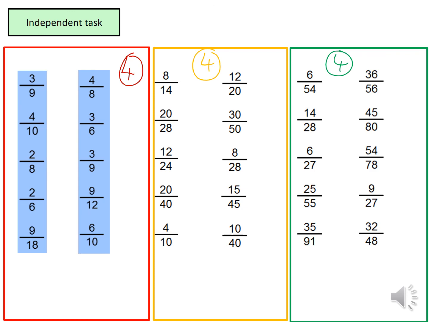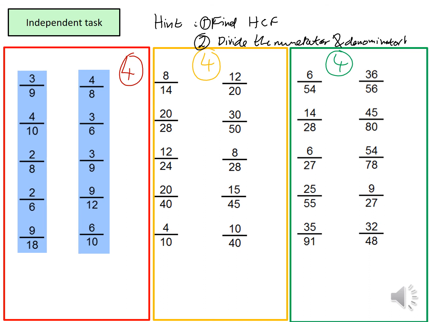My hint to you for simplifying fractions: find the highest common factor, and that's step 1, and then step 2 is divide the numerator and denominator by the HCF.